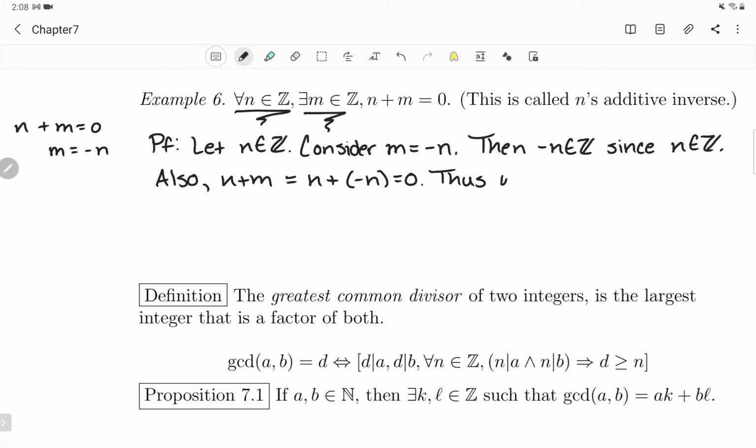Thus, we have the desired m. We can write it that way.